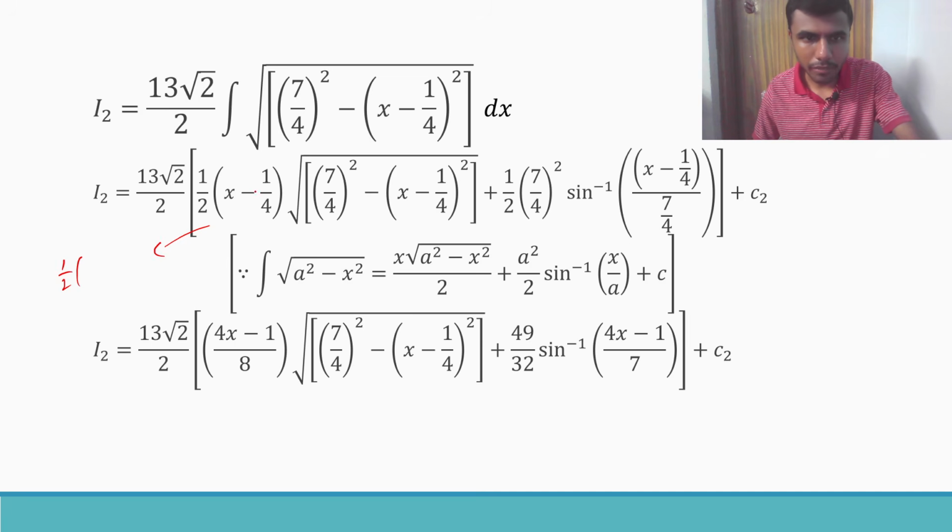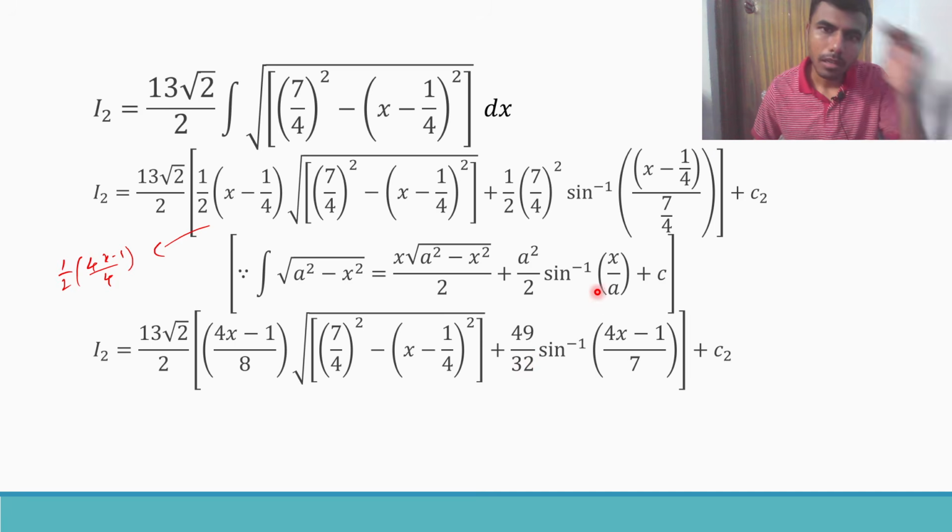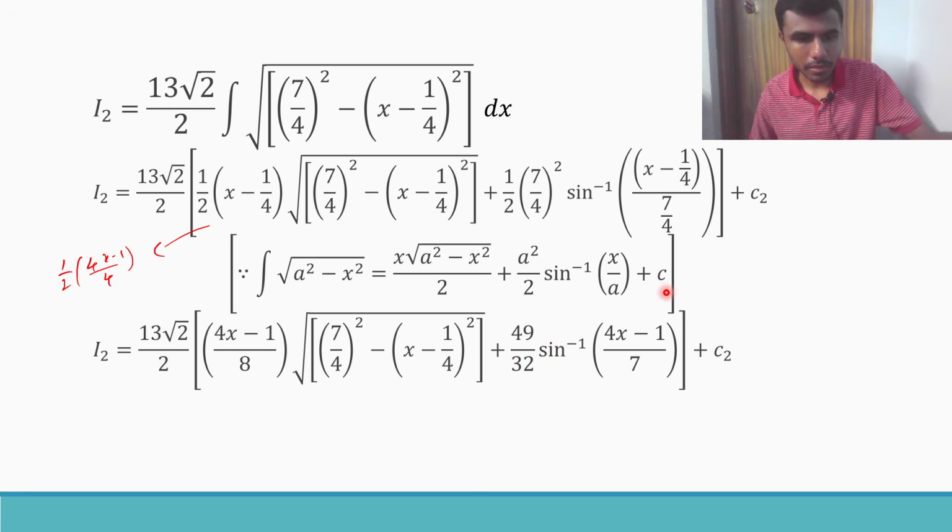I'm left with half, and if I take LCM here, 4x minus 1 by 4. Now 2 into 4 is 8, so I get 4x minus 1 by 8. That's why I have 4x minus 1 by 8 in place of the product of these two. Next, the square root term is there as it is. Next, 7 square is 49, 4 square is 16, and there is a 2, so 2 into 16 is 32, so 49 by 32. Sine inverse. Now what does this give?